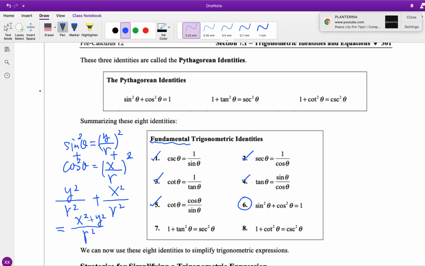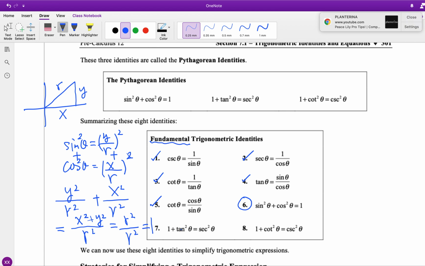When we draw the angle like this, this is our r, this is our y, and this is our x. So by the Pythagorean theorem, x squared plus y squared equals r squared. So our numerator is r squared. Now our denominator is r squared. No wonder this equals 1. So that's how we prove this identity.